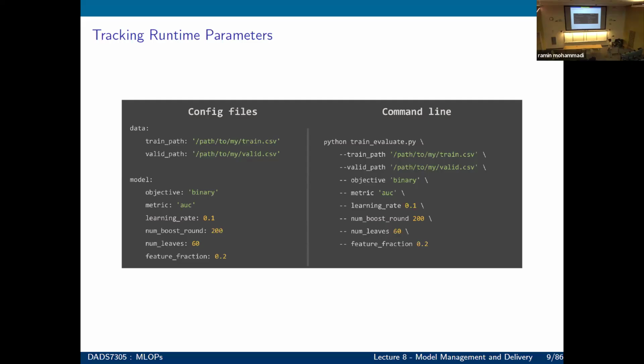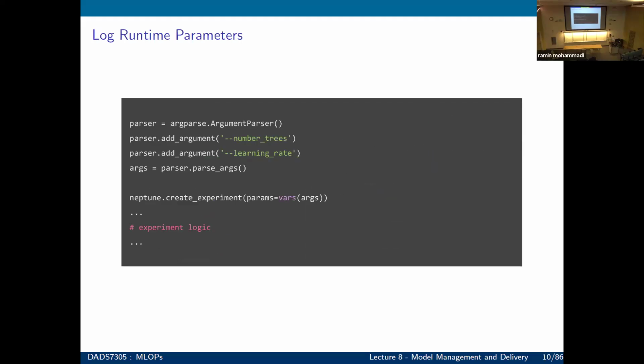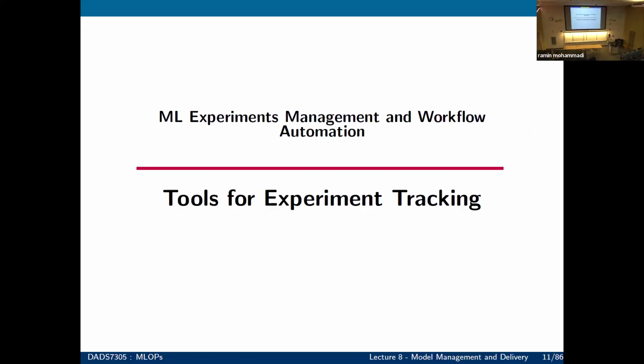And then you have defined some CLI or command line that you can run the pipeline with, given the environment variable or the config file that you have. So you can log your runtime parameters using something like argparse. Just be sure that you have those in your pipeline. I'm not going to spend time on this; you have done this before yourself.